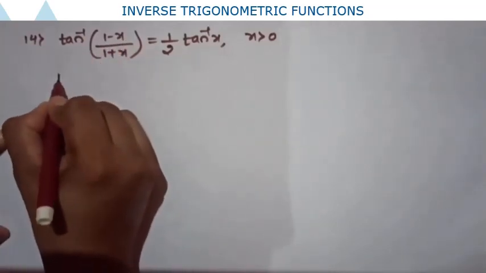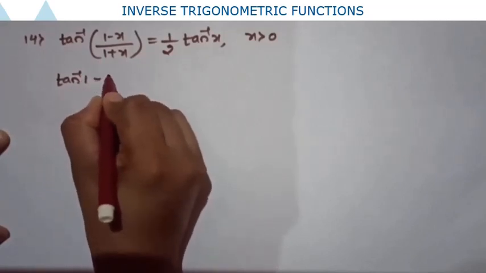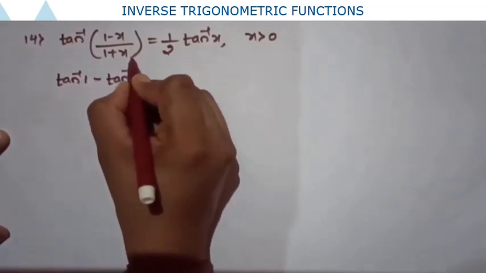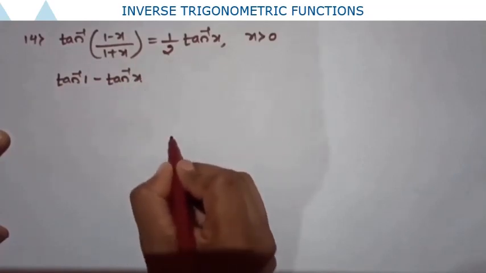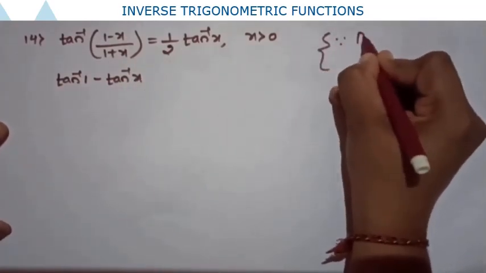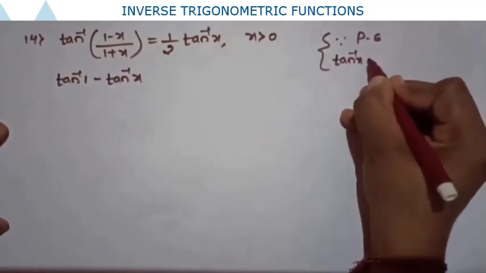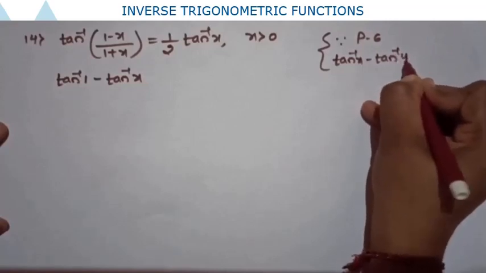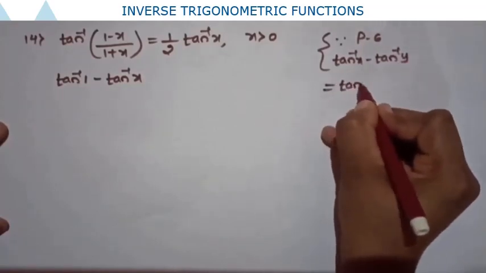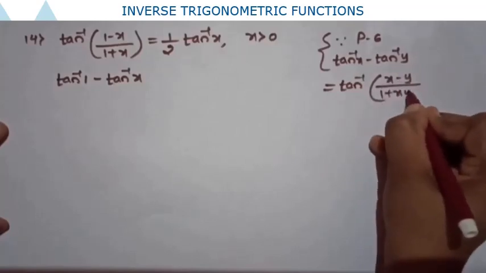So I am writing this one as tan inverse 1 minus tan inverse y. What is y here? y is x, tan inverse x. I am using property number 6. What is property number 6? Tan inverse x minus tan inverse y is equal to tan inverse of x minus y by 1 plus xy.